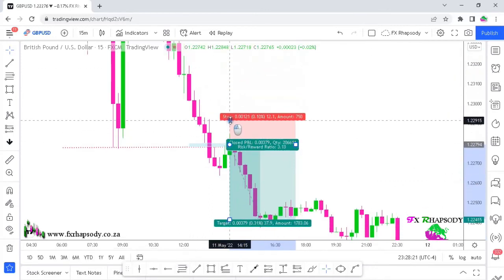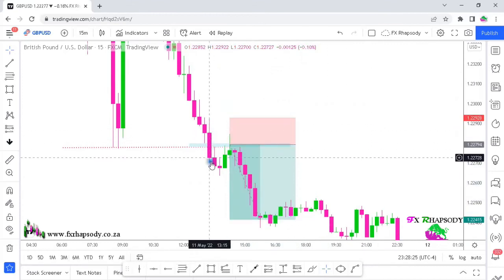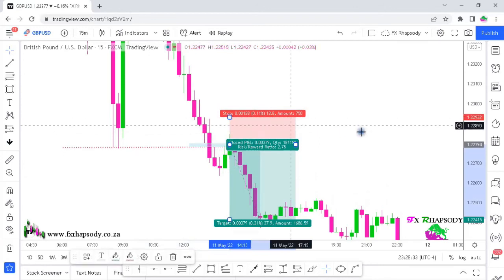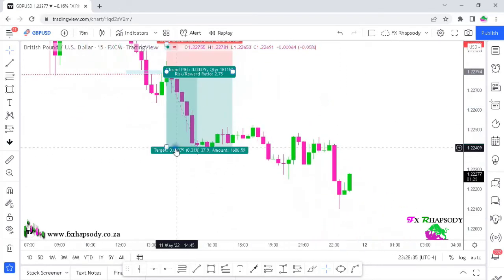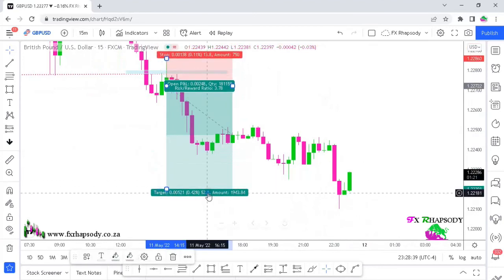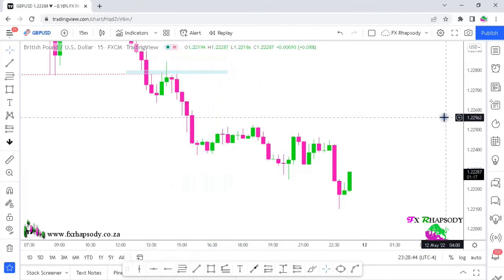Where's that breaking candle right there? There's your risk, just above the high of that candle that broke through that structure, just above that, 13 pips. And if you are in this sell, currently it's a 52 pip reward, and it's all up to you how long you're going to hold it.